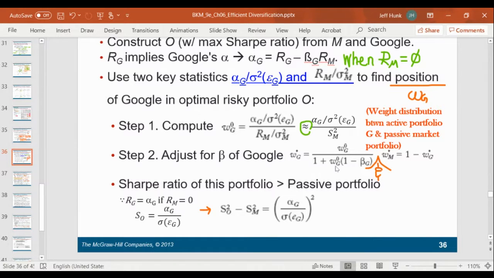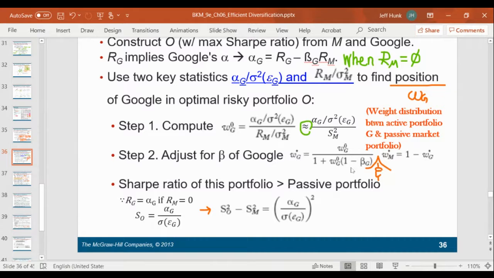So whatever the weight of the whole thing, it will increase the entire portfolio by adding Google. It will increase the denominator to 1.5. Of course, that doesn't mean the total weight will be 1.5. It's just to find the ratio, right? Find the weight. I mean, think about it.